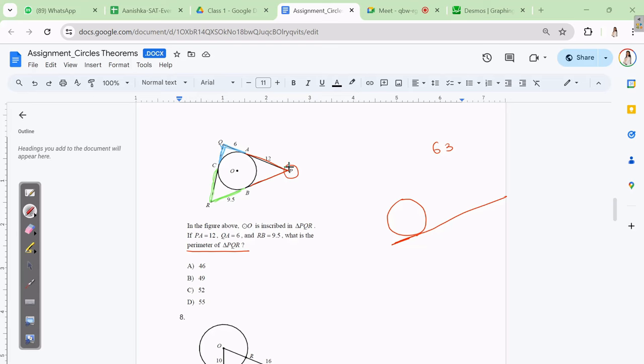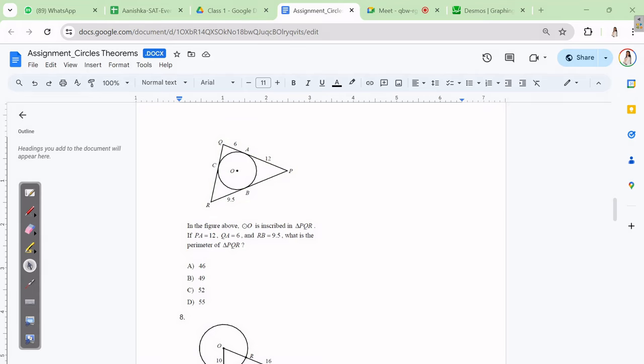Here the external point is P, here Q, and here R. So that means this will be 12, this will be 9.5, this will be 6. Now I think you can find out the perimeter, right? You just have to add all these numbers.